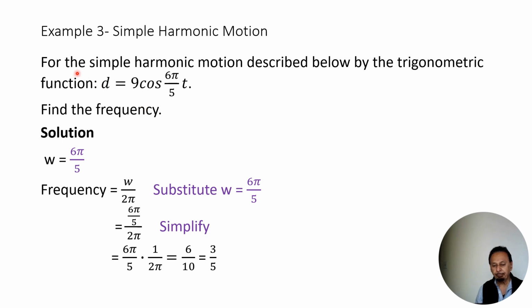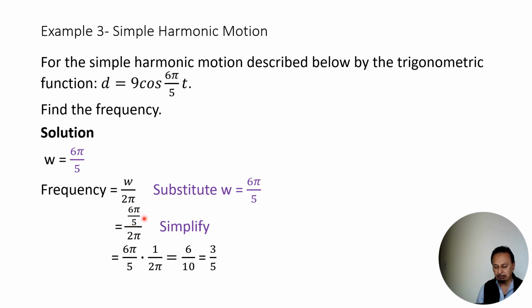Example 3. For the simple harmonic motion described by the trigonometric function d equals 9 cosine 6 pi over 5 times t, find the frequency. Well, here w is 6 pi over 5 and the frequency formula is w over 2 pi. So you substitute w equal to 6 pi over 5.